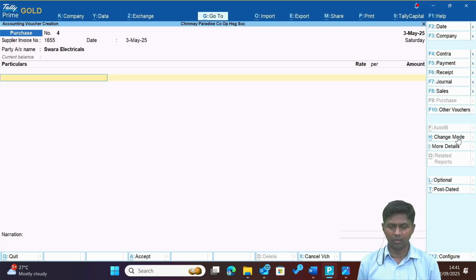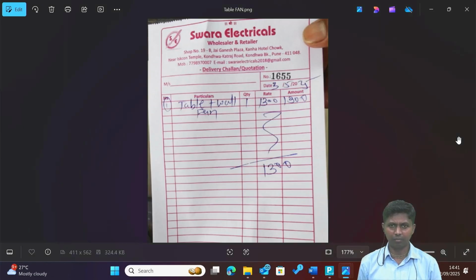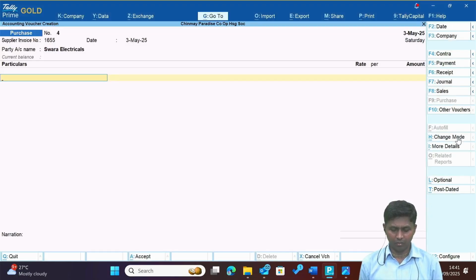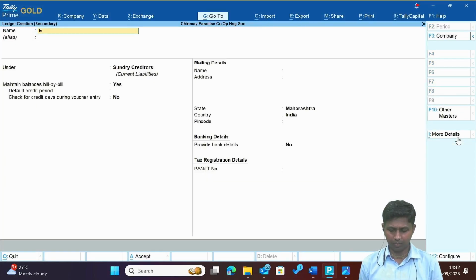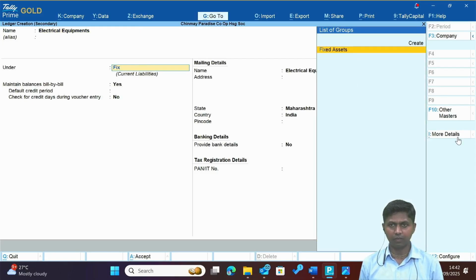The table fan, that means electrical equipment under fixed asset. Now do you have electrical equipment? No, we don't have it, therefore create electrical equipments under, let's say, fixed asset.